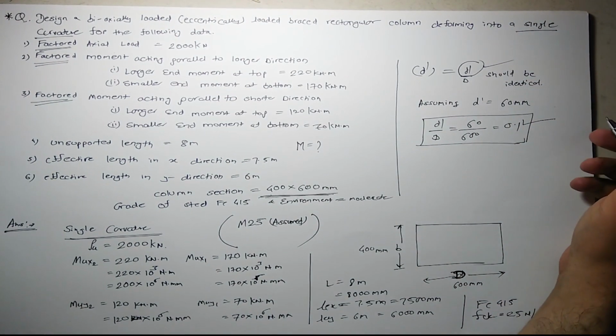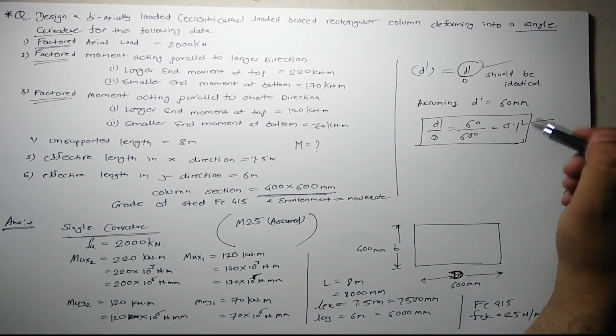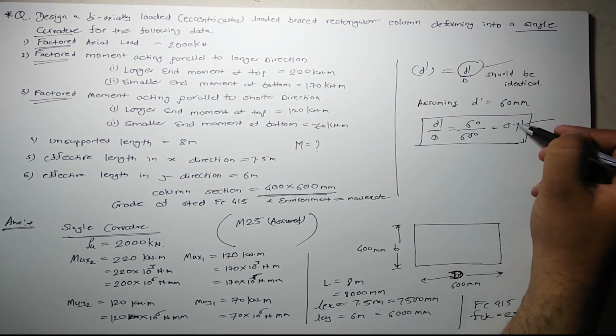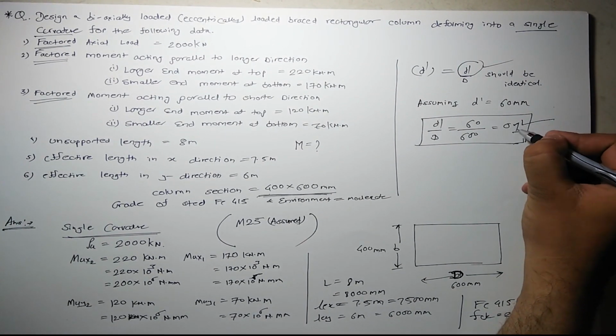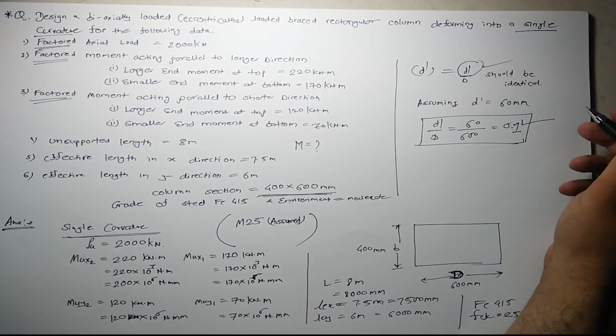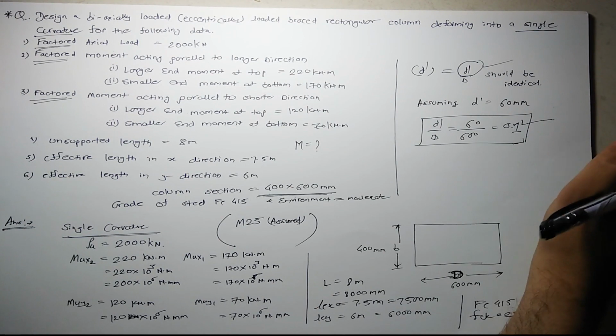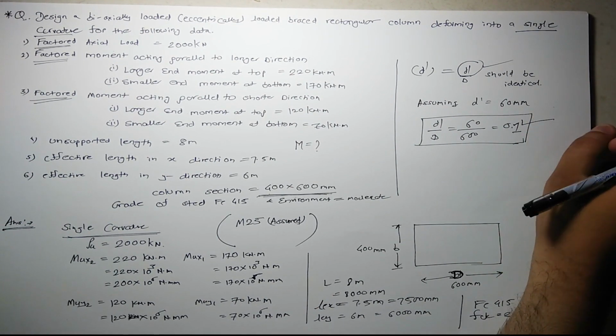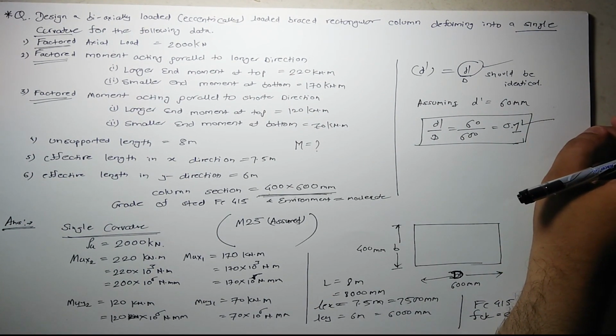You can assume 35, 45, 50, but the ratio should be 0.1, 0.15, 0.2, so that it is easy to pick the value from the interaction chart, which is available with the numerical only. So this is all about the first step.